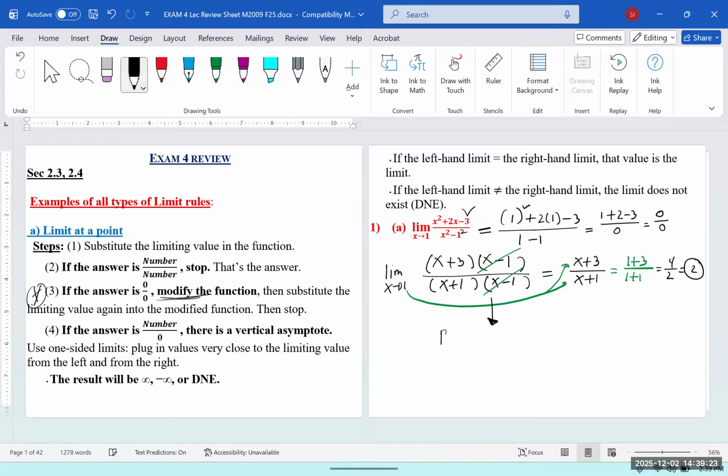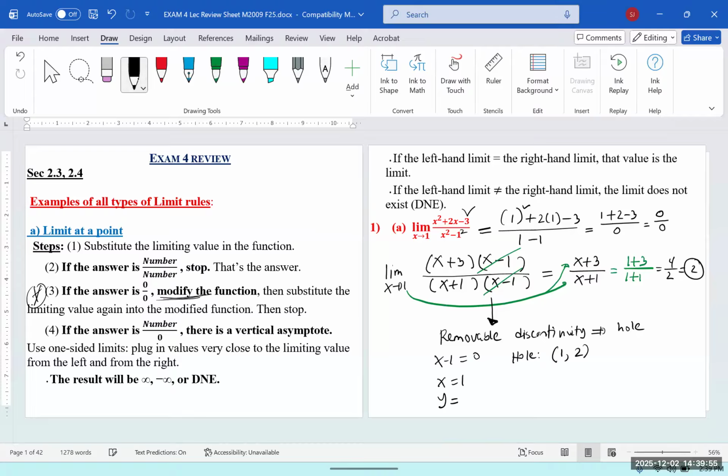From the canceled term, we get a removable discontinuity. To get the removable discontinuity, it gives us a hole in this scenario. So we set the canceled term equal to 0 and we solve for x. So our hole is at x value 1 and y value 2.